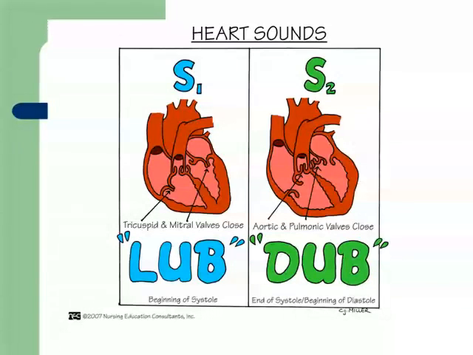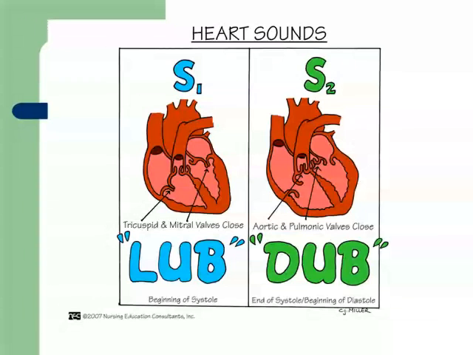It is closure of your tricuspid and mitral valves. It is the beginning of systole. So you should hear the S1 loudest in the 4th to 5th intercostal space, left sternal border, or in the mid-clavicular line at the PMI, because that's your mitral and your tricuspid valves.